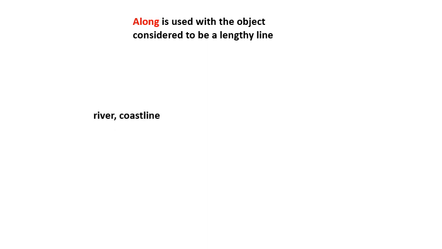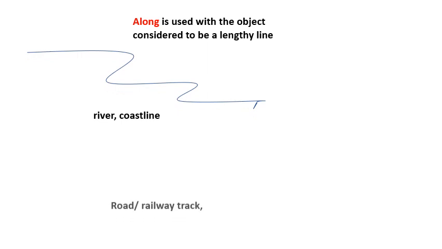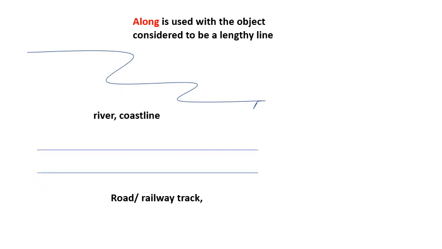When we look at a river or a coastline, they are considered to be lengthy lines like this. Similarly, when we look at a road or a railway track, they are considered to be lengthy lines like this. In the same way, when we look at a boundary line or boundary wall, they are considered to be lengthy lines like this.